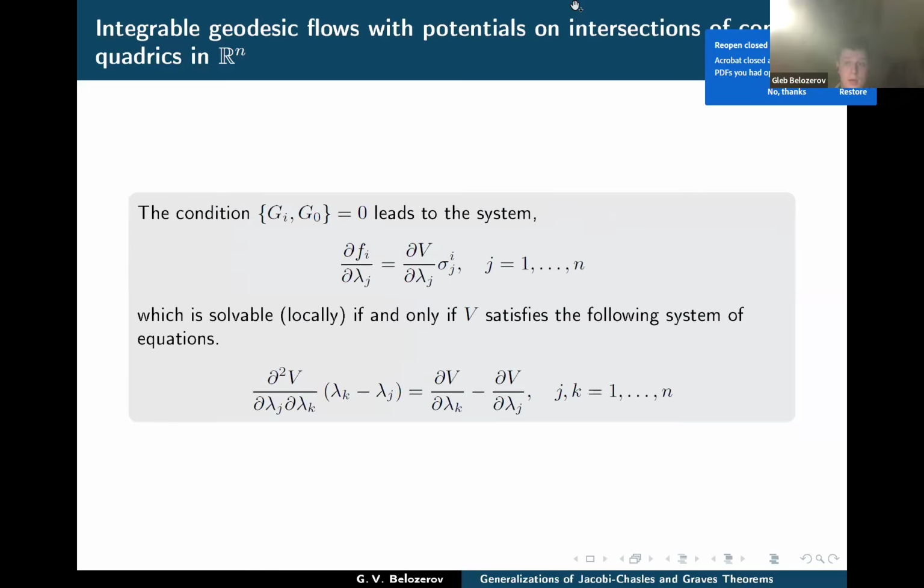Okay, and we obtain the following system of differential equations.